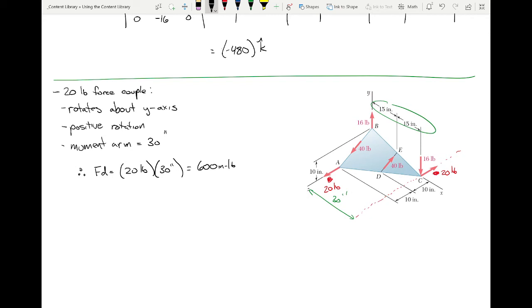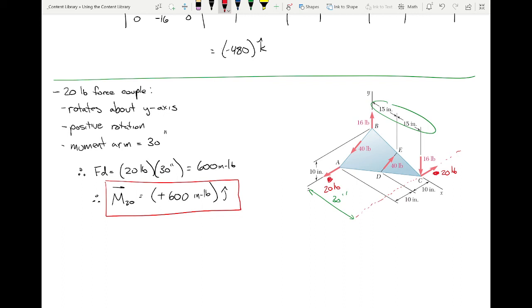And so I propose that M20 is positive 600 inch-pounds times J. Okay, does that make sense? Just look at it. Don't make it harder on yourself, okay? If you want to break out R cross F, you can. I think you're just going to be wasting time, okay?